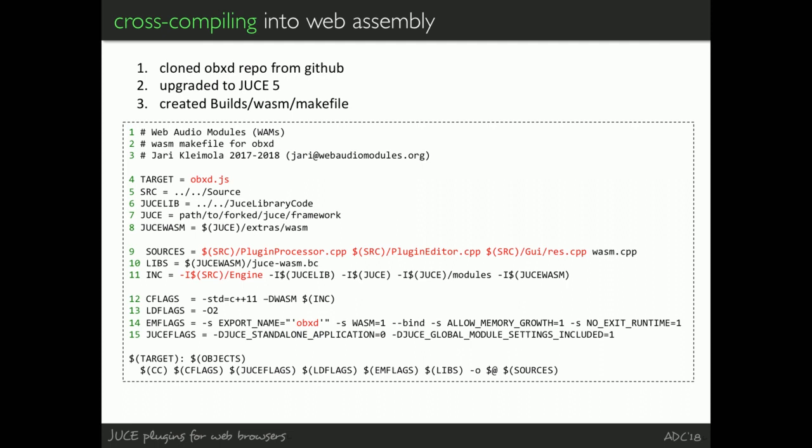Then line 9 here lists all the source files that were included in OBXD. So plugin processor and editor, and the binary data was in res.cpp. The actual implementation was in include files or header files that went here.